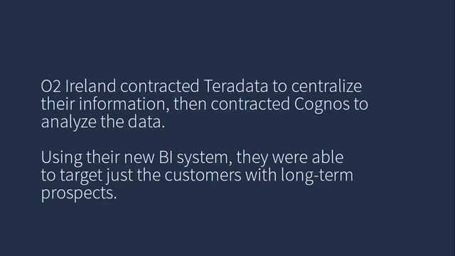Using the centralized data and their new business intelligence system, O2 Ireland was able to identify and segment the 65% of their customers who stayed in Ireland after purchasing SIM cards and who are likely to be repeat customers. That resulted in a much higher return on investment for them, as they were no longer wasting resources on customers who had no intention of using their services past a few days.